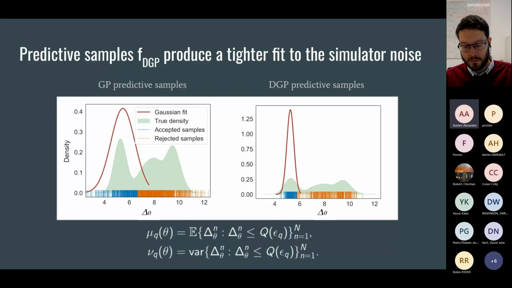And by doing so, we retain a lot of the nice properties of the Gaussian process. We don't spend much computational power on how to calculate things exactly, and essentially it produces a much tighter fit to the simulator noise, which improves the accuracy of our likelihood-free inference surrogate modeling approach.